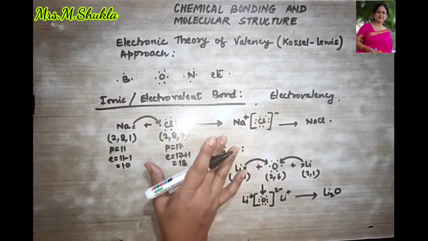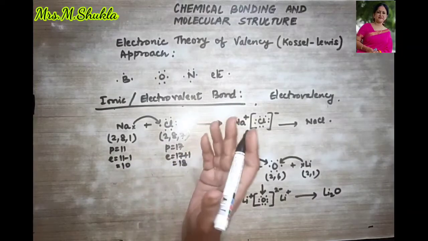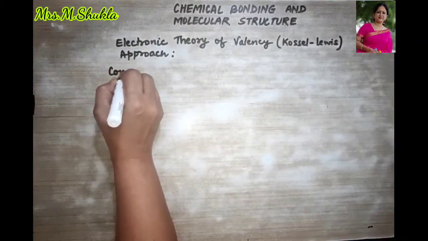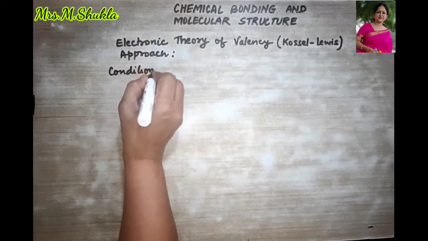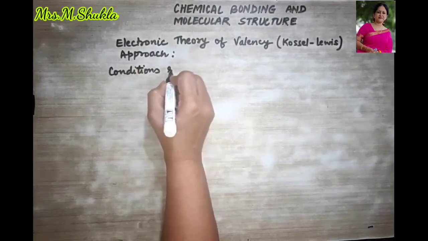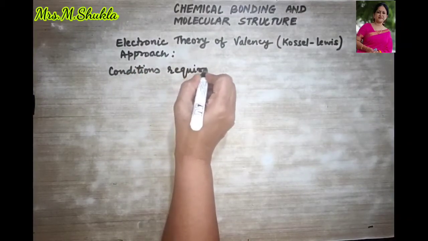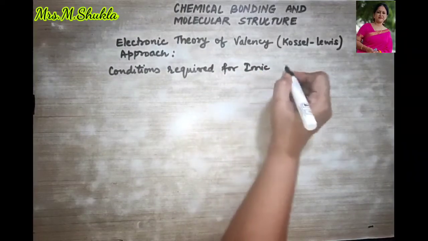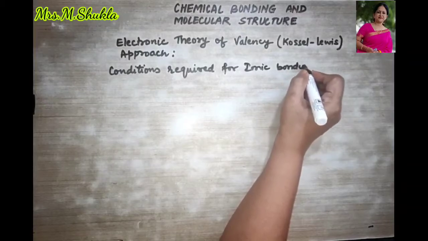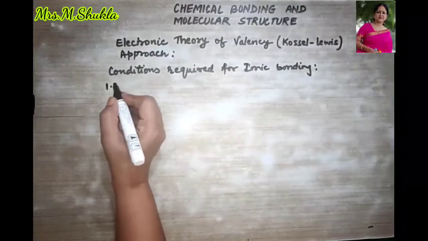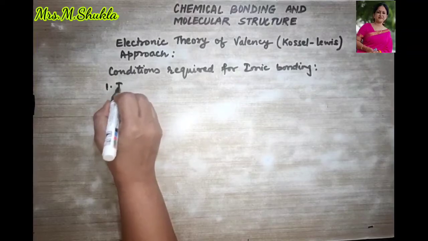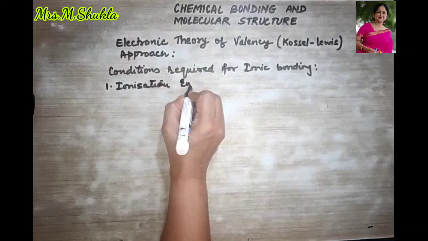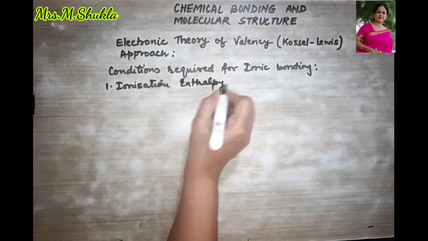Now let us talk about the conditions that are required for the formation of this ionic bonding. So first point let's discuss over here, that is your ionization enthalpy.